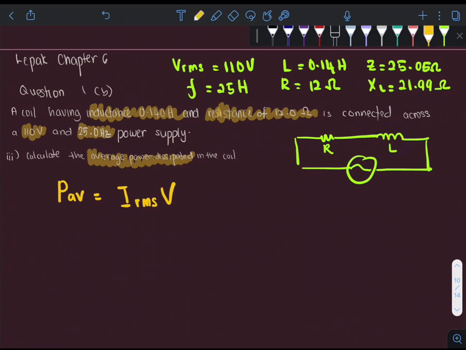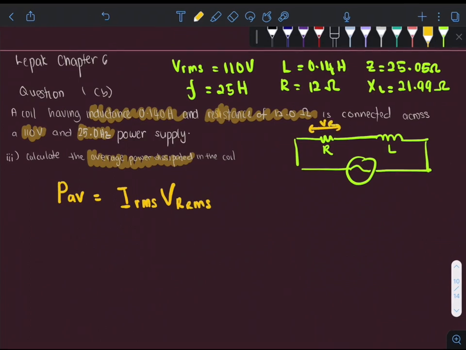Therefore, the voltage here is across the resistor only. So it is the voltage across the resistor here. However, in our question, we have not yet found the V across the resistor.